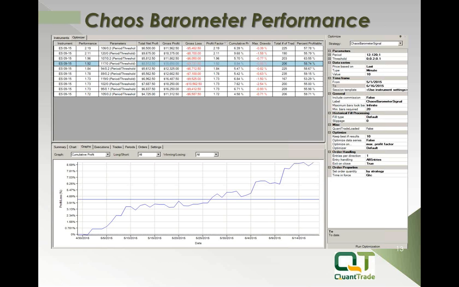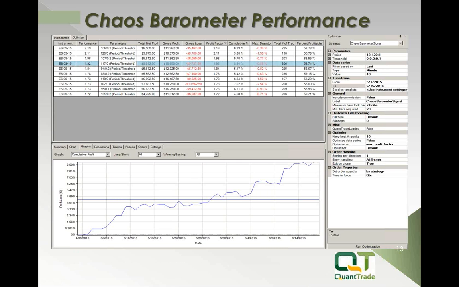So what you're looking at here is a system, if you want to call it that, made with a combination of two parameters. And the interesting thing about this is that the way that the Chaos Barometer is designed, even if you were trying to curve fit it, it doesn't want to be curve fit because of the way that it's analyzing the data set.